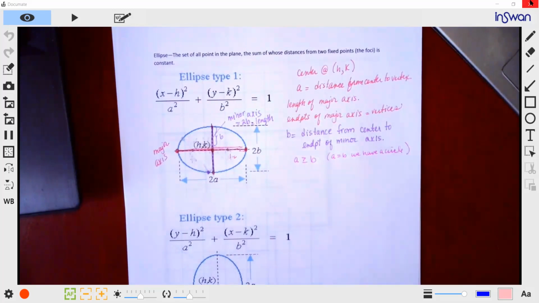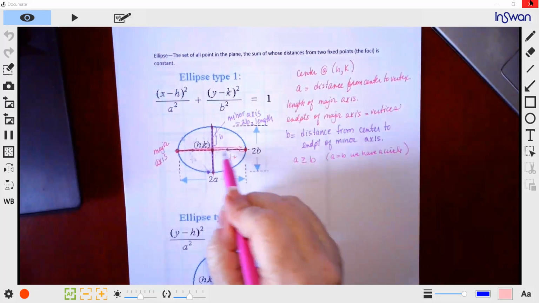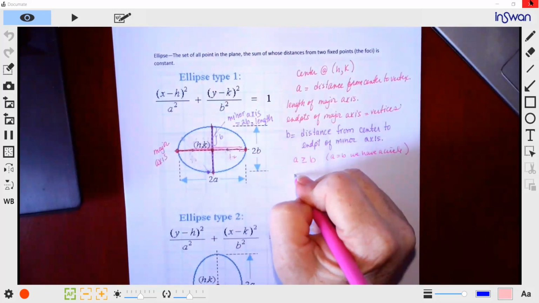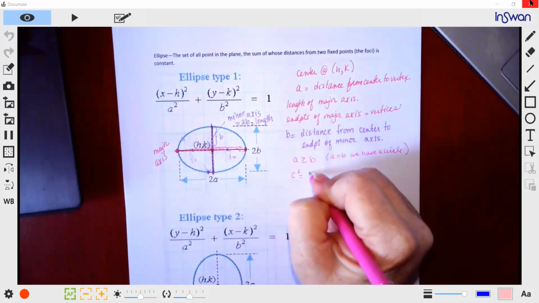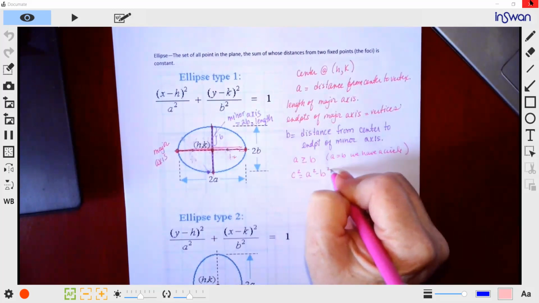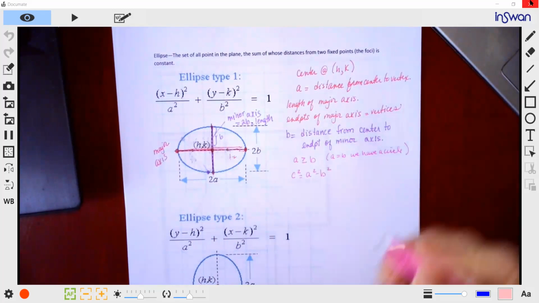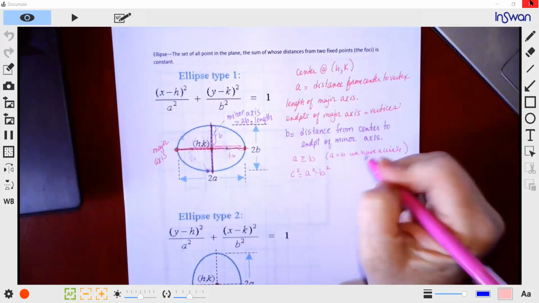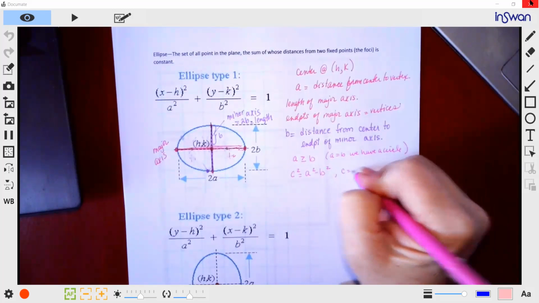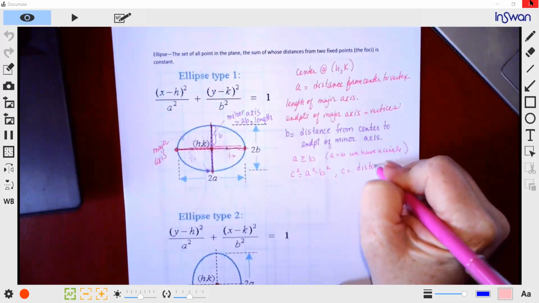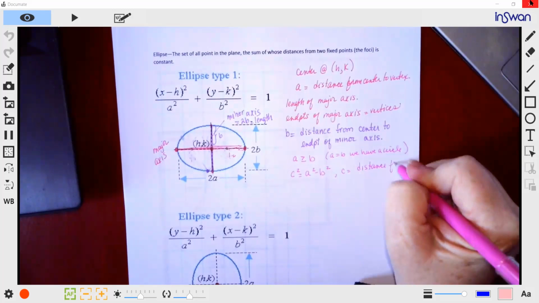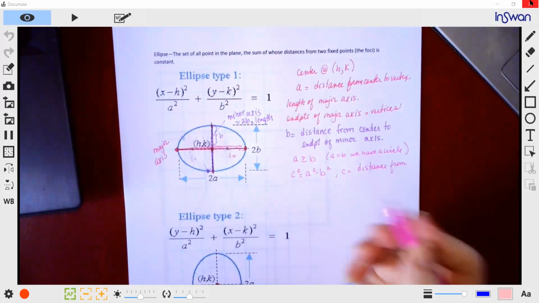Okay. Now, we also have the unit c, and c squared is equal to a squared minus b squared. So what is c? Well, c is the distance from center to a focus.